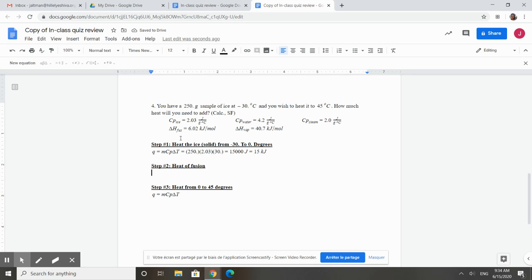And take a look at the heat of fusion units. They are in kilojoules per mole. So I'm going to need to use the molar mass of water.